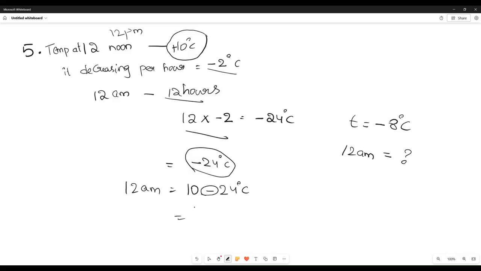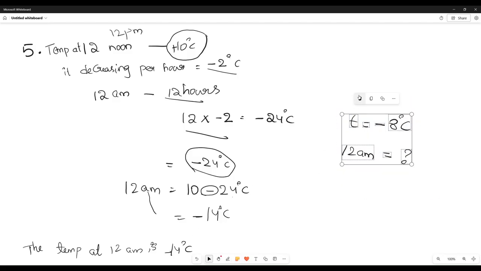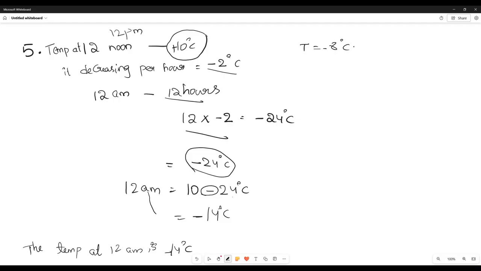The 24 is the bigger number, and the sign of 24 is negative. From 24, you have to remove 10, which becomes 14. The temperature at 12 a.m. is minus 14 degrees Celsius. We need to find the time when it reaches minus 8 degrees Celsius.